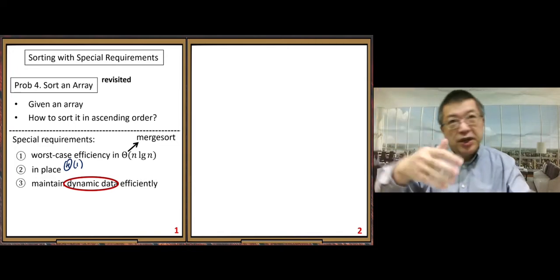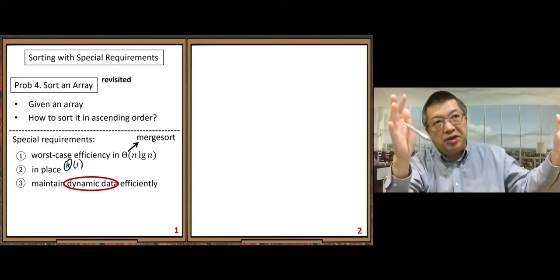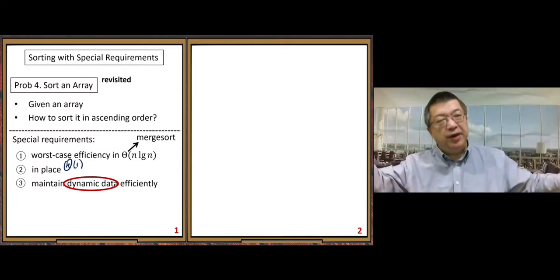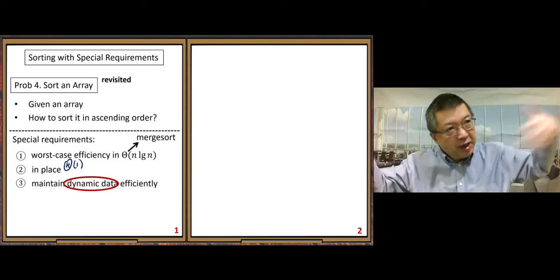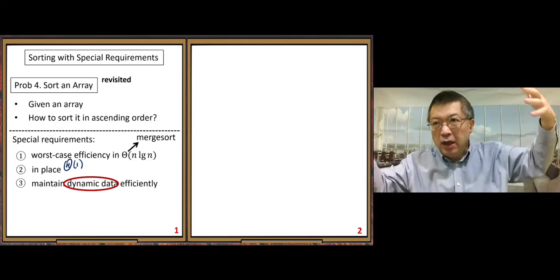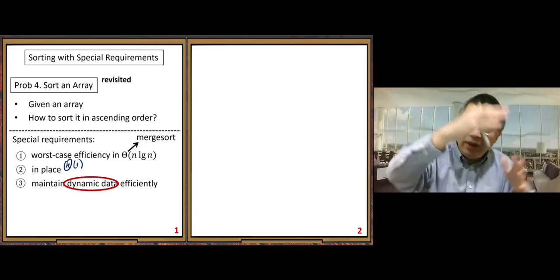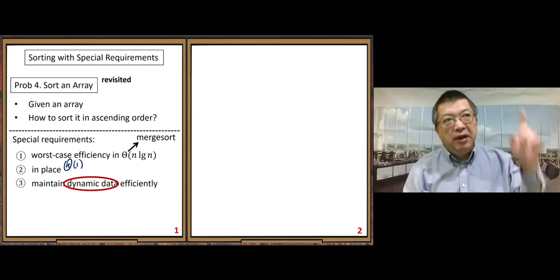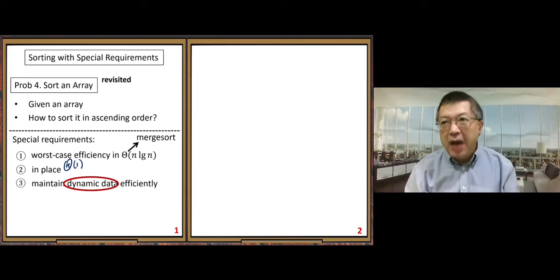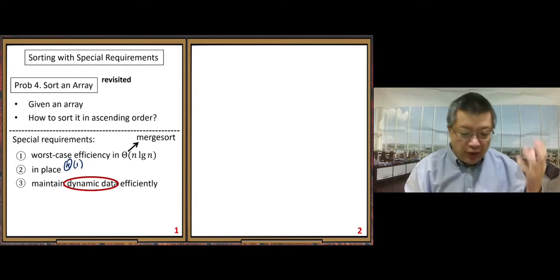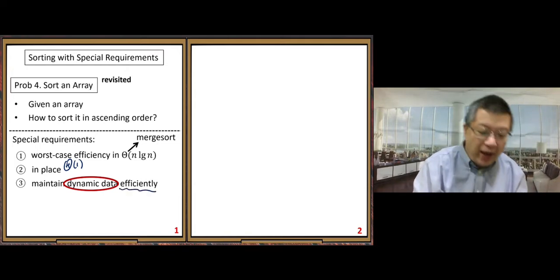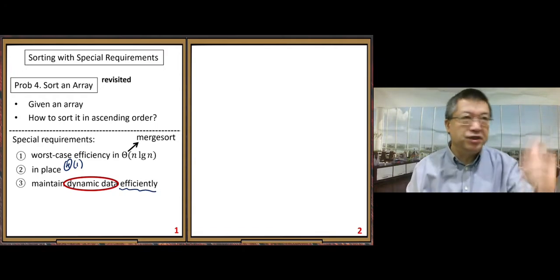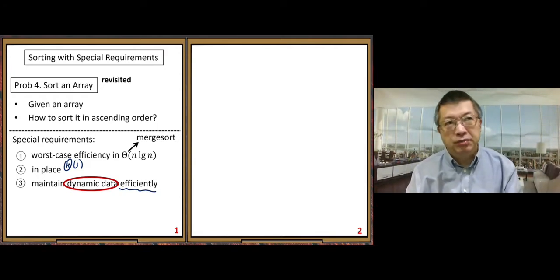When you run your application, over a period, new data keeps coming in, and you need to maintain your dynamic data. Is the maintenance step very expensive? We want some efficient way to manage the dynamic data. This is another important requirement.